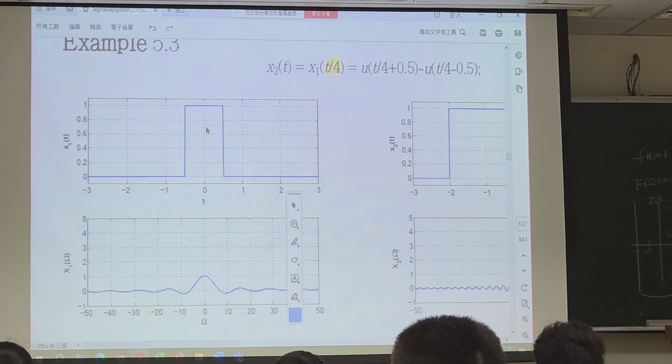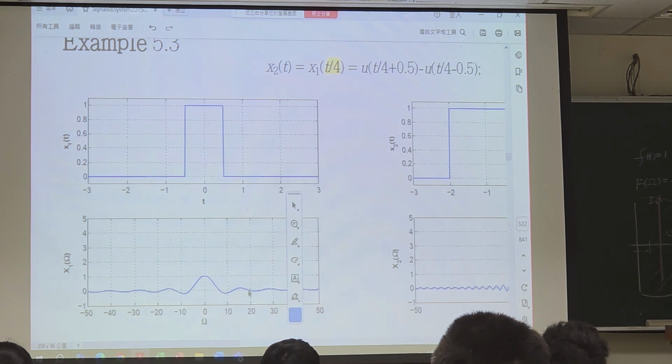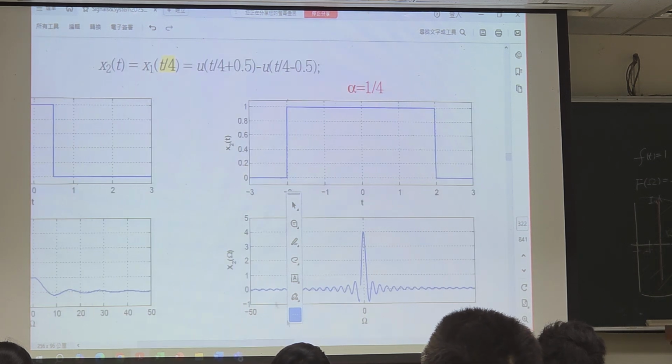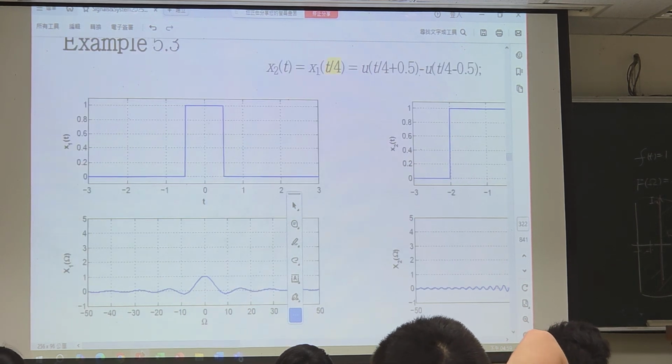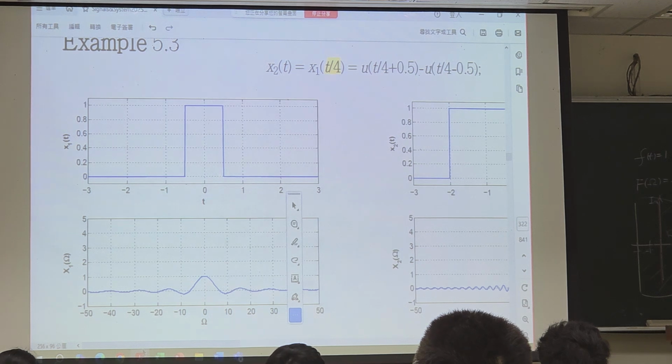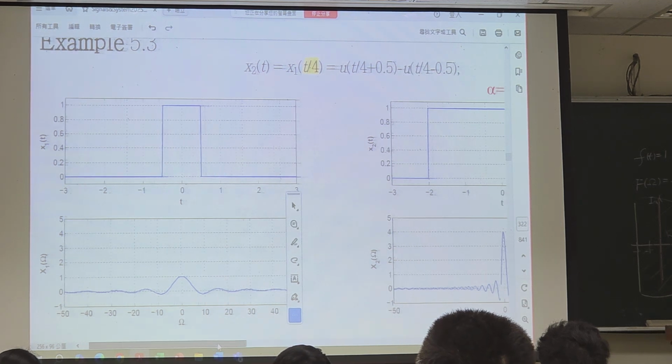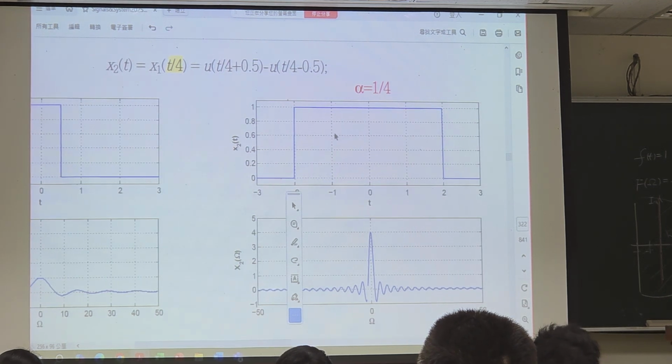Suppose we have x1 of t, a rectangular function, and this is the Fourier transform of x1 of t. Now, if I multiply the argument t by 1/4, so t becomes 1/4 times t, which means we stretch the function, the function becomes wider.